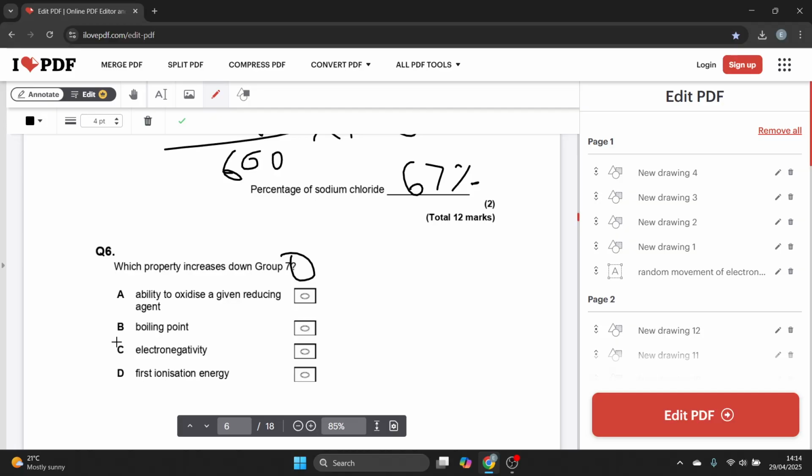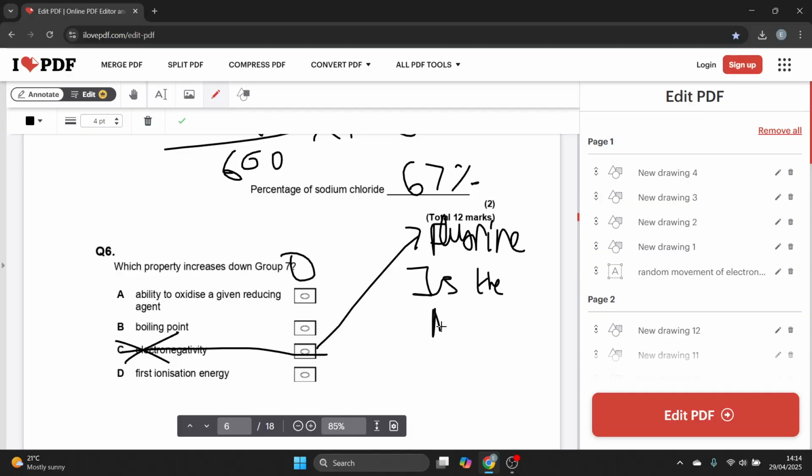It's not going to be electronegativity, because fluorine, which you should know, is the most electronegative element, and fluorine is at the top of group 7.